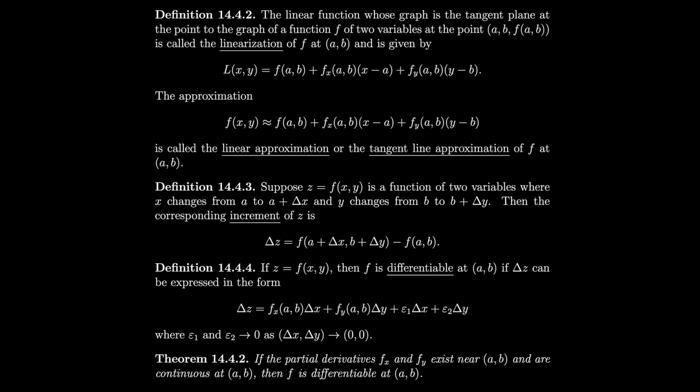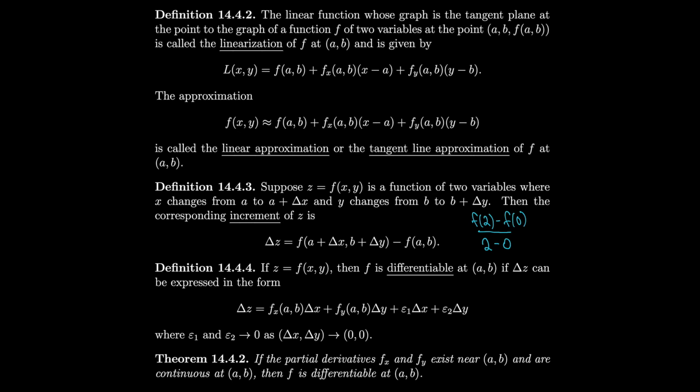That should seem familiar because of the increments in single variable calculus, when we just changed x by delta x and had the corresponding delta y as a function of the change in x. So for example, if we went from 0 to 2, we might look at delta x as 2 minus 0, and then we might look at delta y, the change in y, as, let's say, f of 2 minus f of 0.